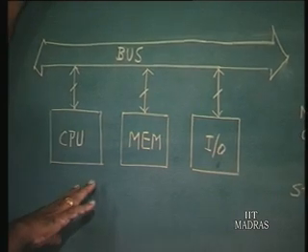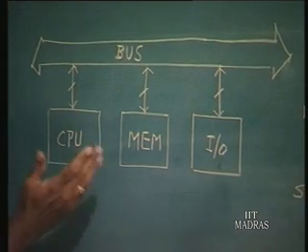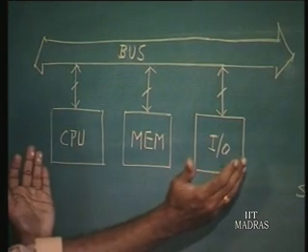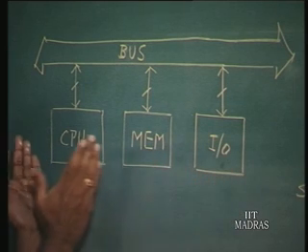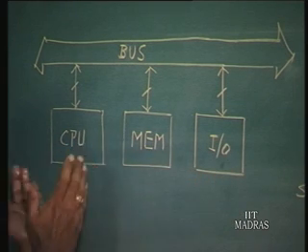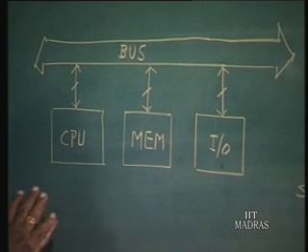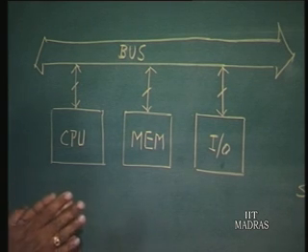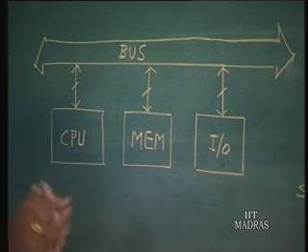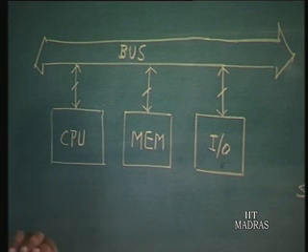So far we had got an overview of the entire computing system and also something about each of these blocks, that is CPU, memory and I/O, and then I was telling you some generalized information about each of them. Now the time has come for us to go into the details of each of these blocks.